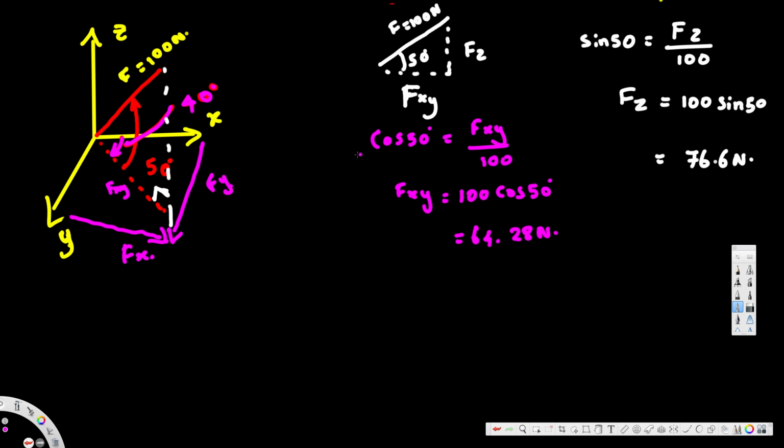So we can directly find the xy components. To find the x component, we use cos theta, because x is adjacent, right? It's better to draw this one separately.